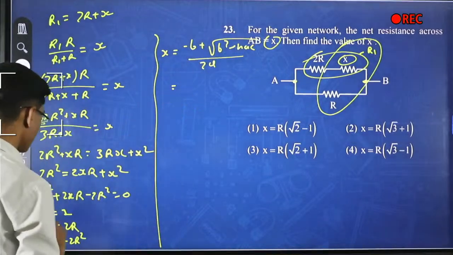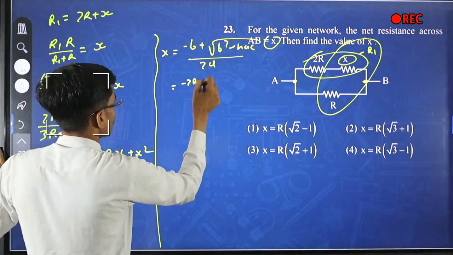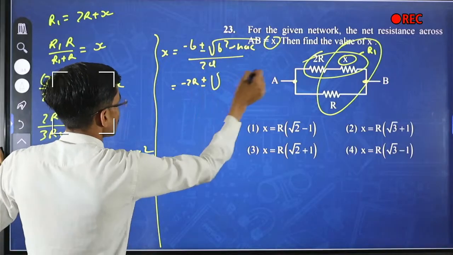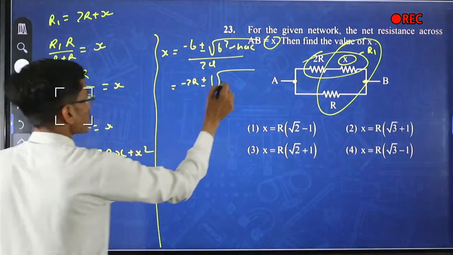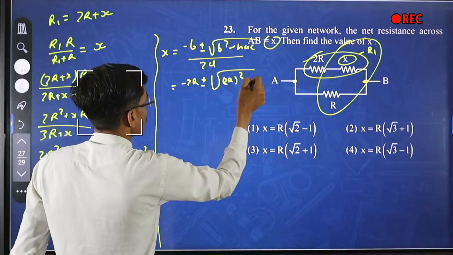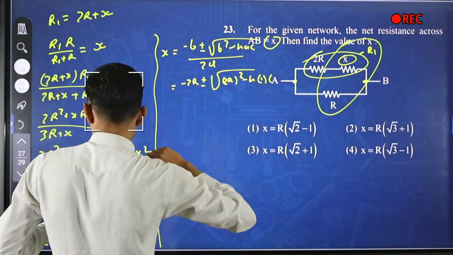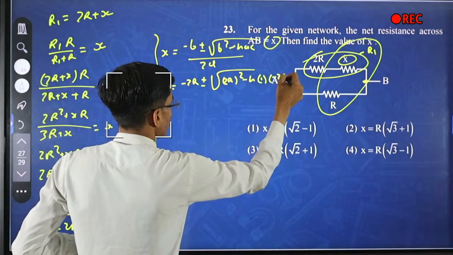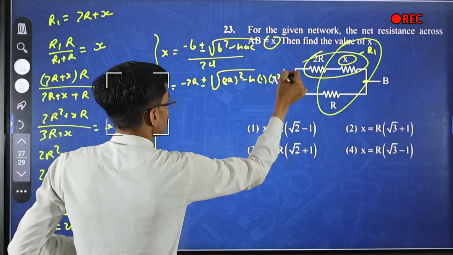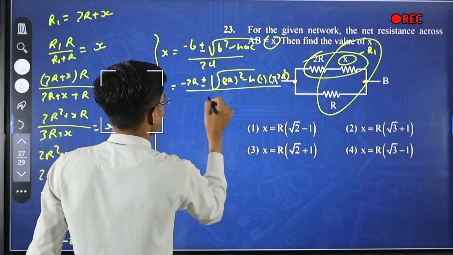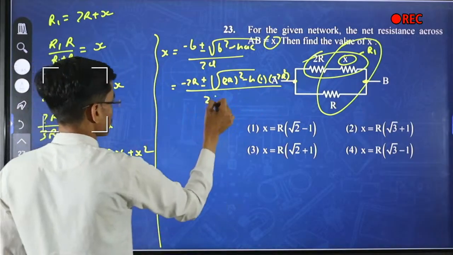Minus B is equal to minus 2R plus or minus root of B square. B square is 2R square minus 4 into A, which is 1, and C is minus 2R square, upon 2A. 2 into A is 2.